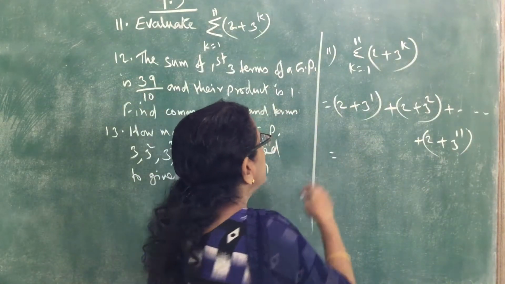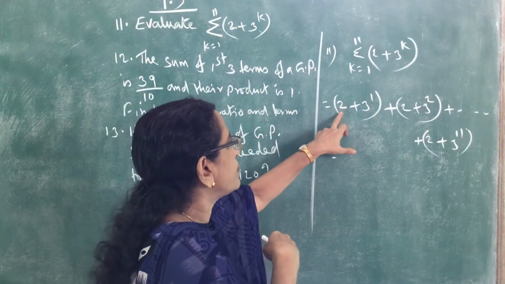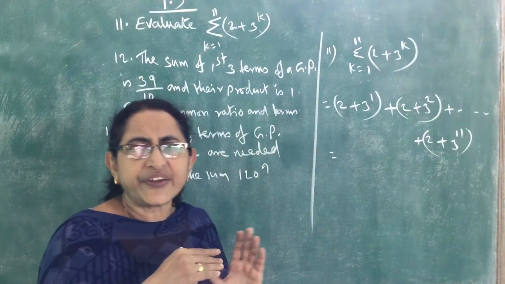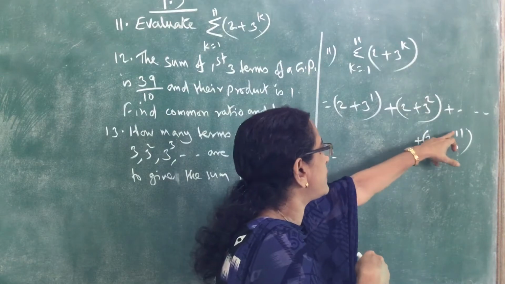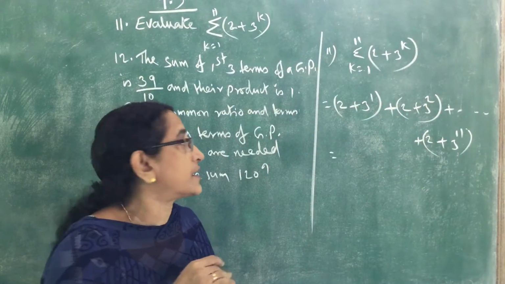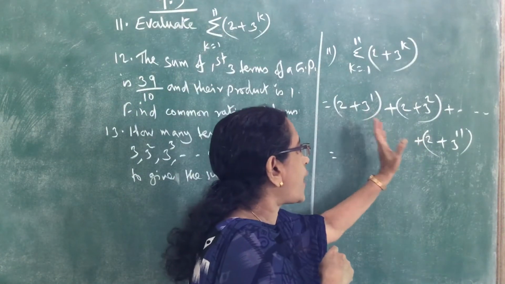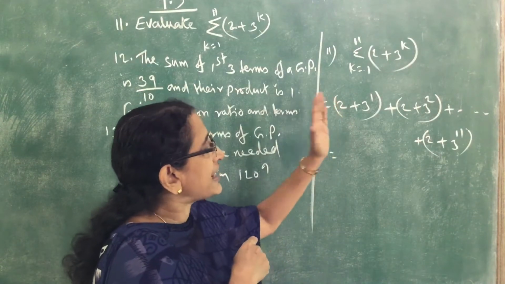So here we can rearrange the terms. See, first 2 plus 2 plus 2 plus etc., all 2's. How many 2's will be there? Here 3 raised to 1, 3 raised to 2, up to 3 raised to 11. How many terms are there? k equal to 1 to 11, so 11 terms are there. So there will be 11 2's, because there are 11 terms.